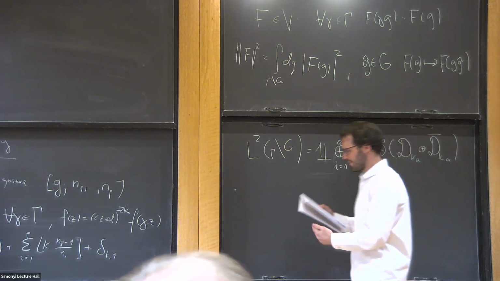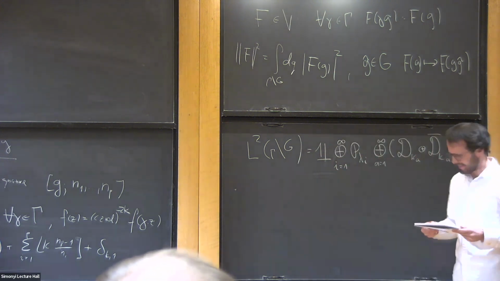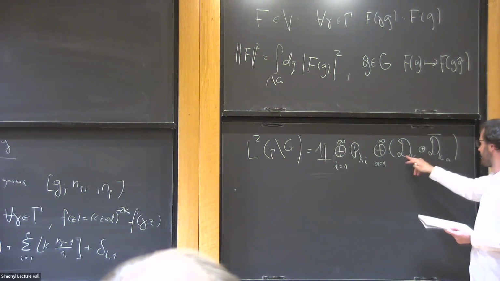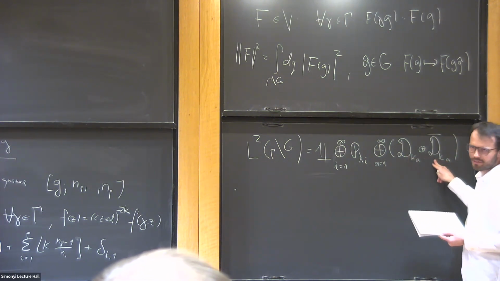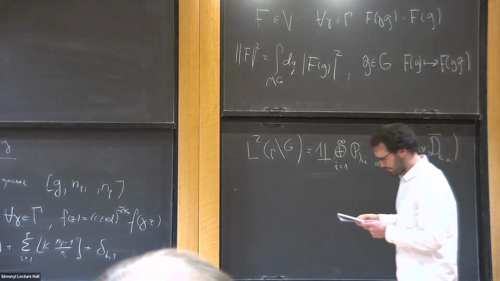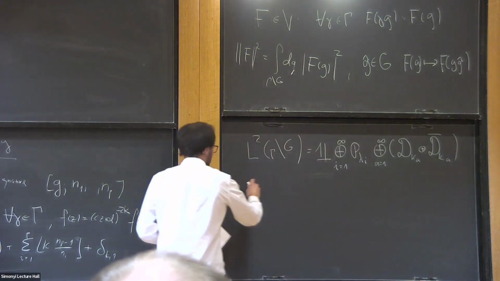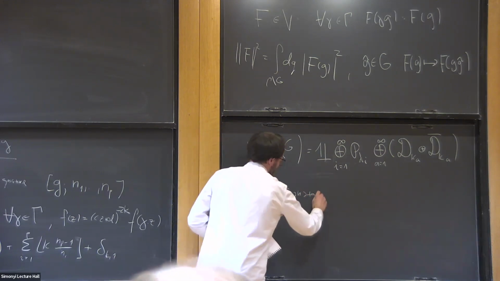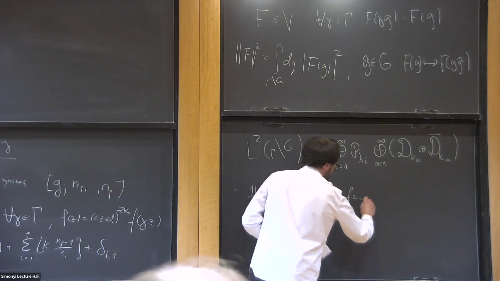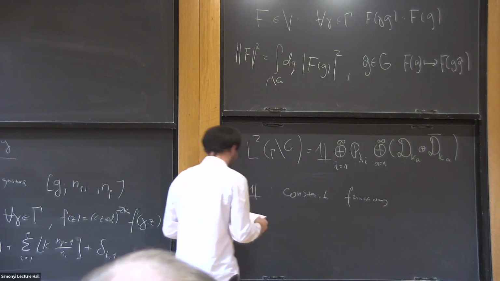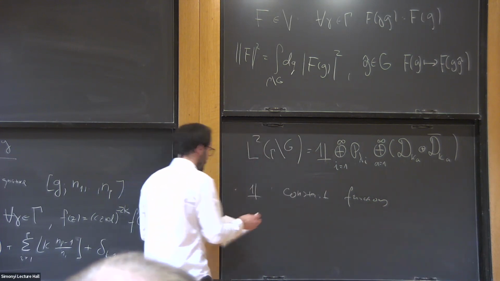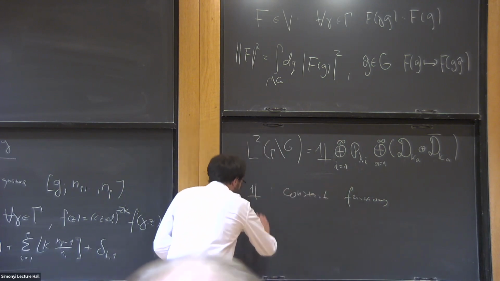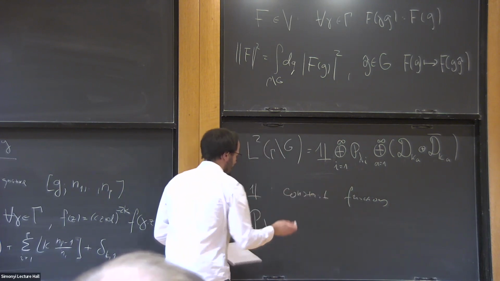This is a space of linear functionals on that, and they are not equivalent for the discrete series. This is a lowest weight representation, and this is a highest weight representation. As I already said, the identity is just constant functions. Then these principal series are in one-to-one correspondence with the Maass forms.